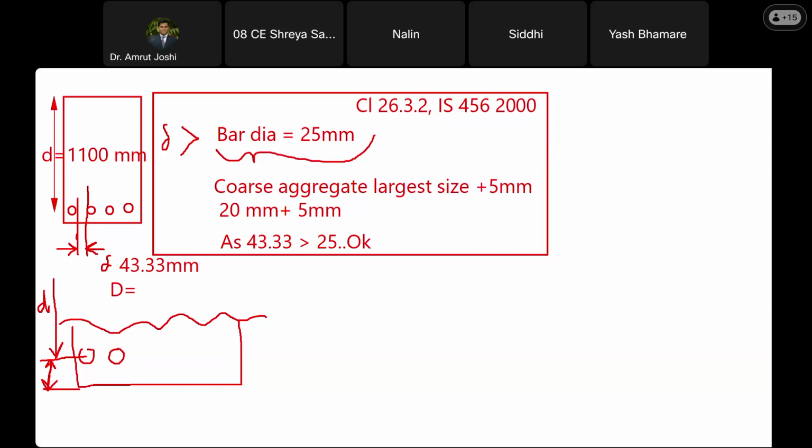This distance is composed of two things. One is clear cover, so it is this distance. Happy? Yes, sir. Which I call clear cover. Happy? Yes, sir. And the other distance is half the bar diameter, which is this one.